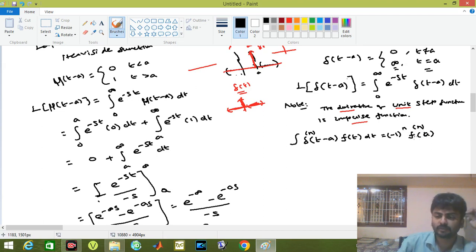That is, after finding the entire derivative, I am substituting a. So this is the general formula.